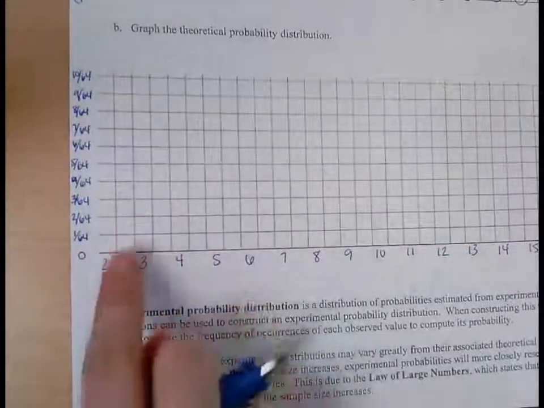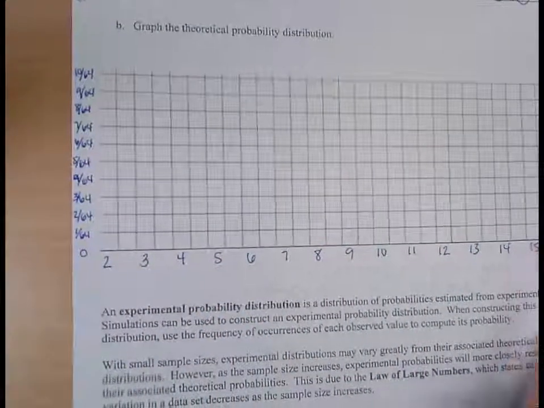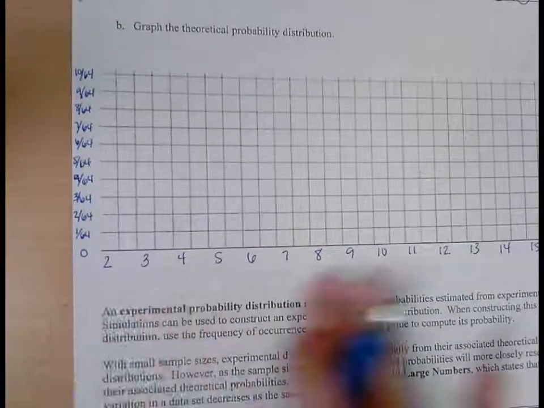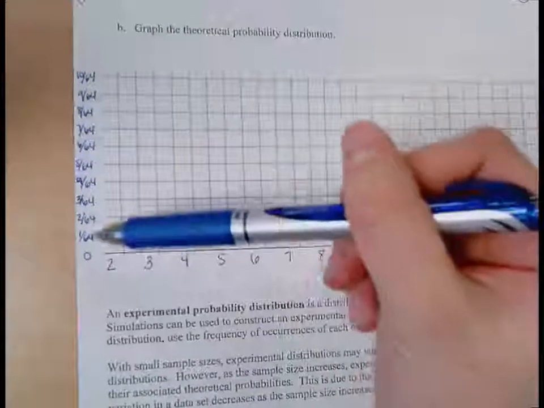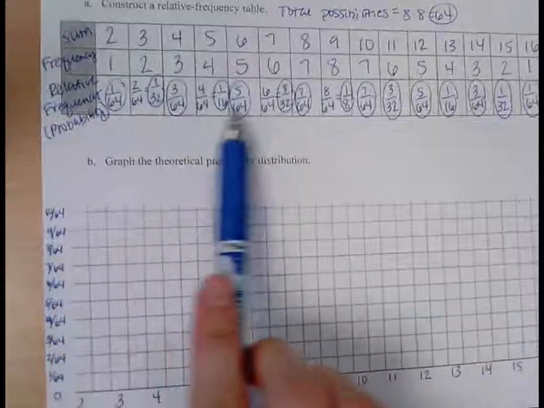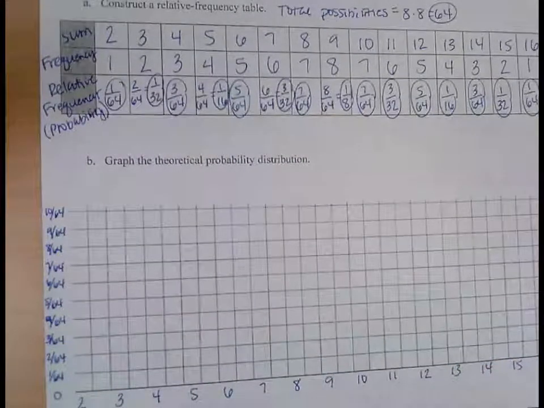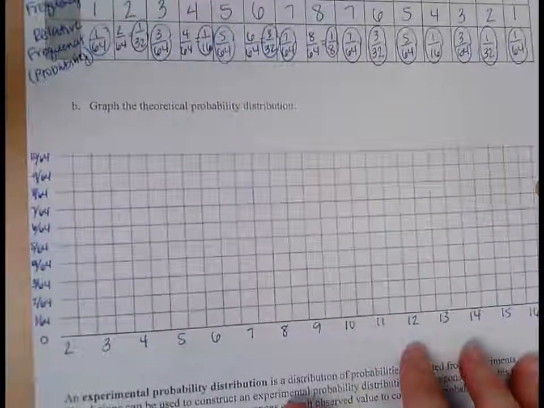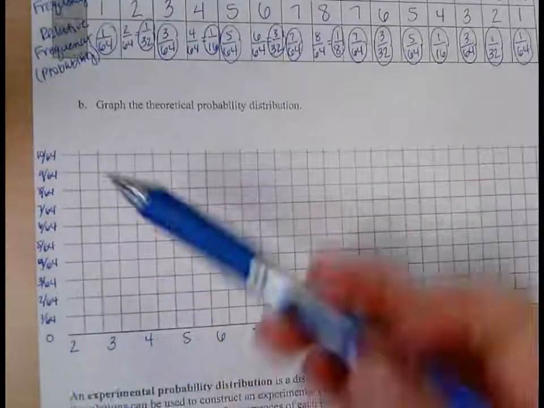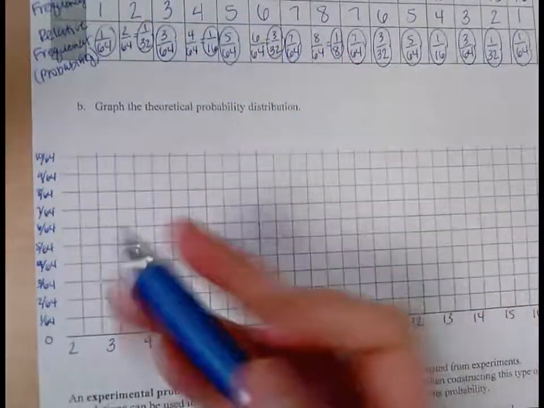Along the bottom, that's your sample space, in this case the possible sums we had. The y-axis should be labeled, you are graphing the bars, the height of what their probability was. Okay, so then I go off of the table and I say a sum of 2, the height of that bar, that probability, was 1/64th.